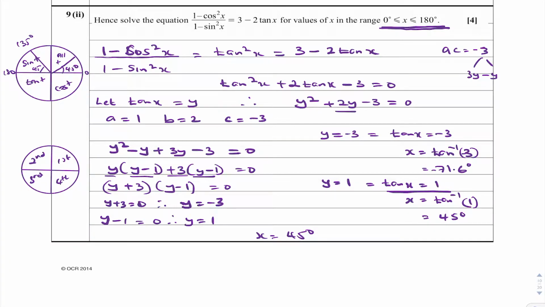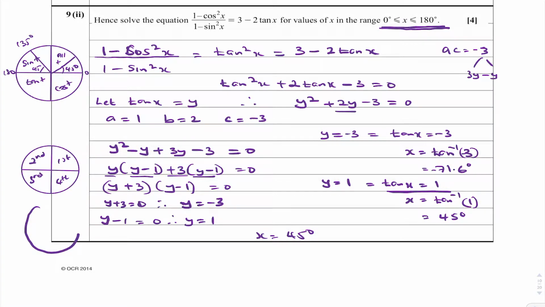The second, 135 degrees, tan is not positive at that point, so tan is negative, so that's not required. For the second value, when tan x equals minus 3, I get minus 71.6.